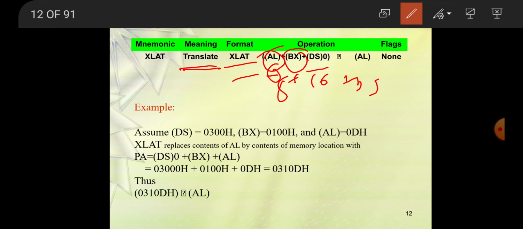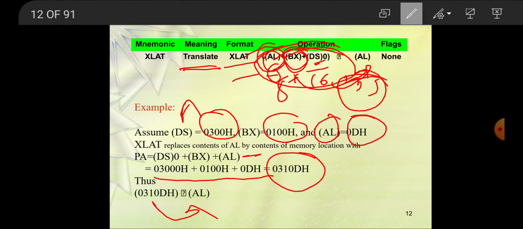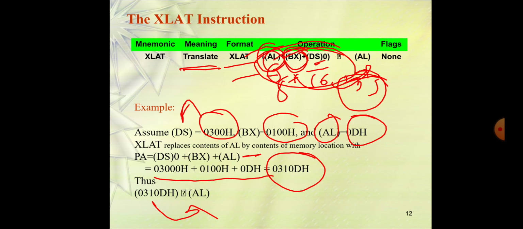Adding them, you will get 0310DH, and the data at that address will move into AL. This is how the translate operation can be performed. I hope you understand the XLAT instruction, which is the translate operation.